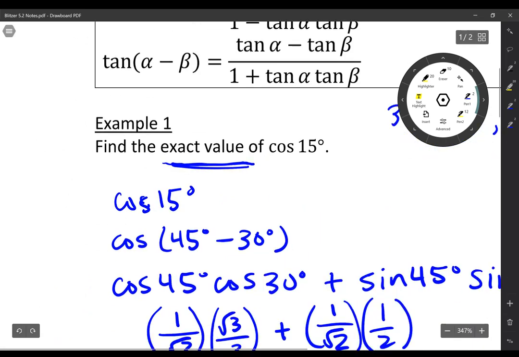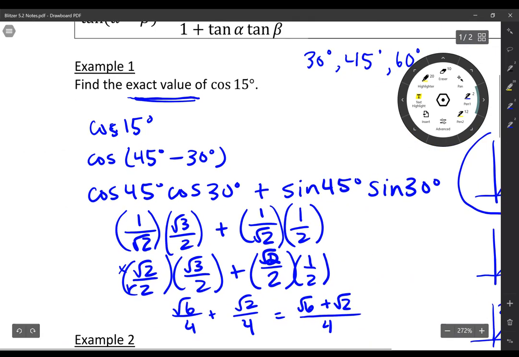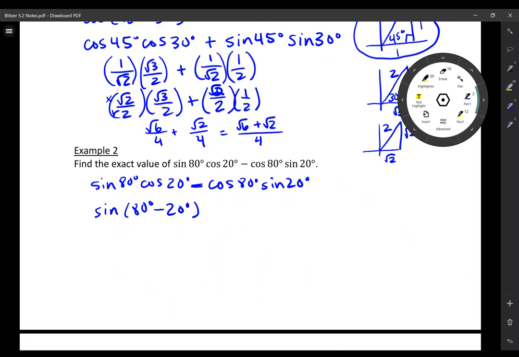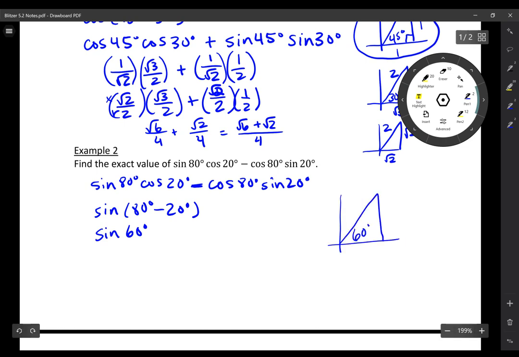Oops, somehow I just totally blew that up and did not mean to. There we go, that looks better. So this is sine of 60 degrees. And then I would need to draw 60. So 30 is up here, 1 would be down here, square root of 3, 2. And so my sine is going to be y over r, or square root of 3 over 2.